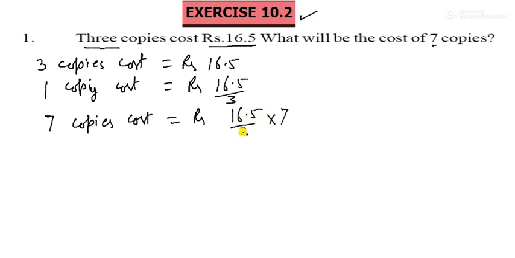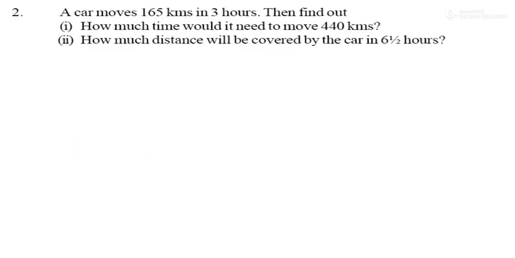Now do the multiply and divide. So 3 ones are 3, 3 fives are 15, and 3 fives are 15. So it will be rupees. Now multiply by 7. 5 sevens are 35, so 5 and 7 fives are 35 and 3, that is 38. Rupees 38.50. So that is the answer. So you can do very well.